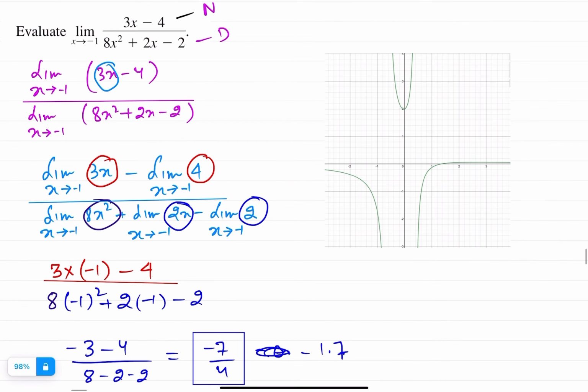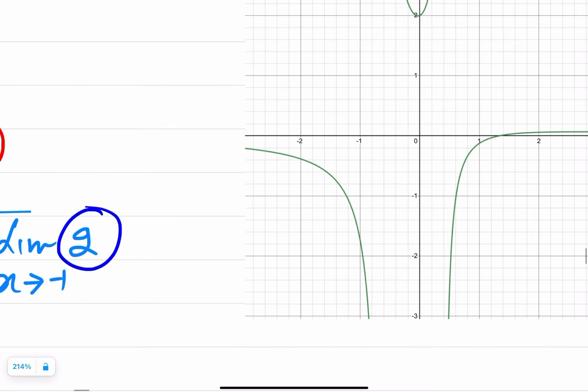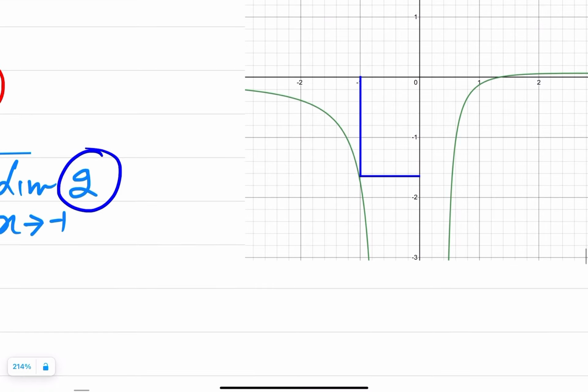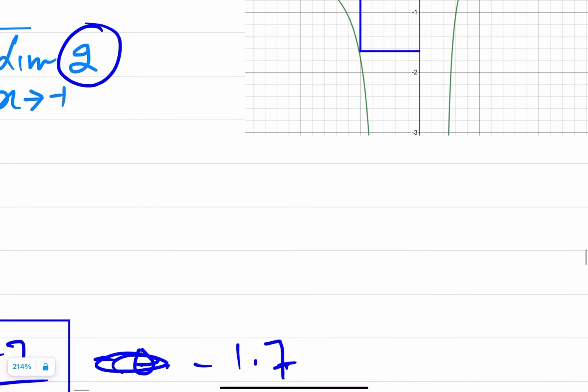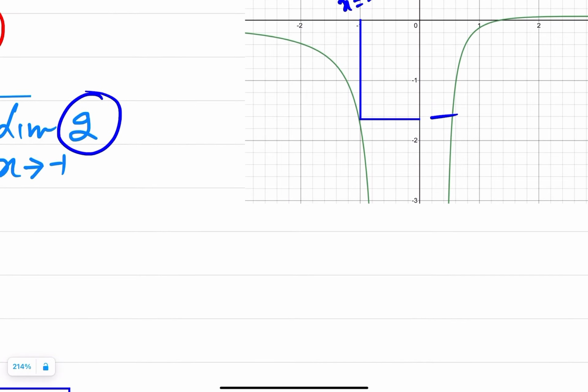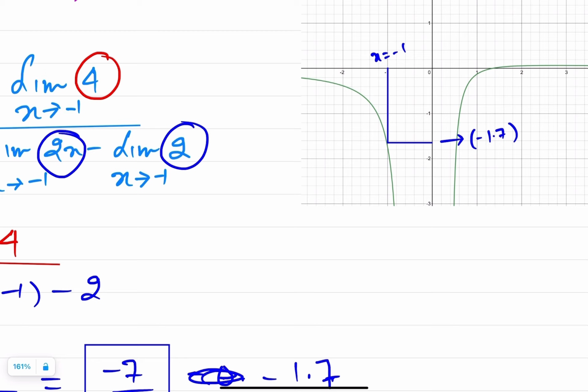We can see the graph over here. If you want to evaluate the limit for this function at -1, that is x is -1, the corresponding value is approximately -1.7. So for the input -1, the corresponding output is -1.7. This is what we call the limit.